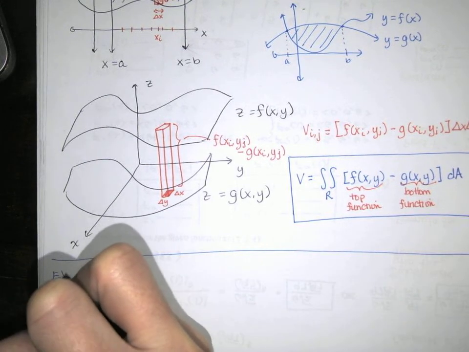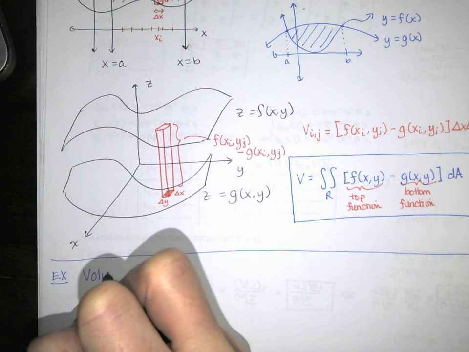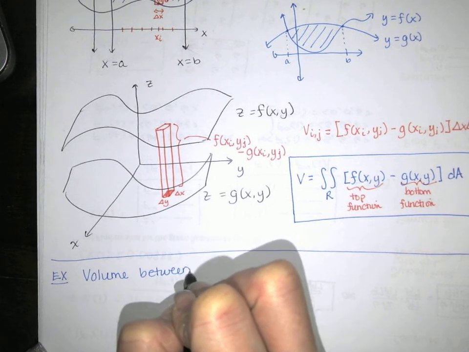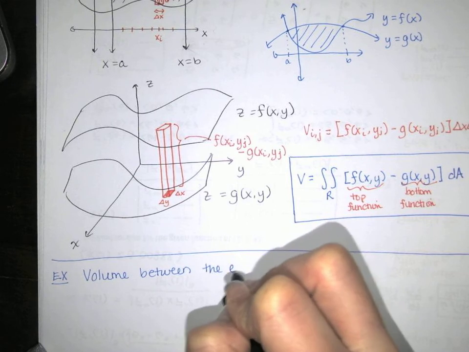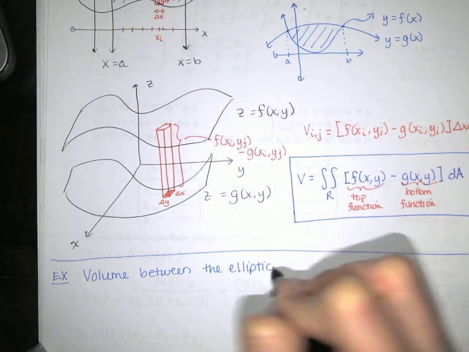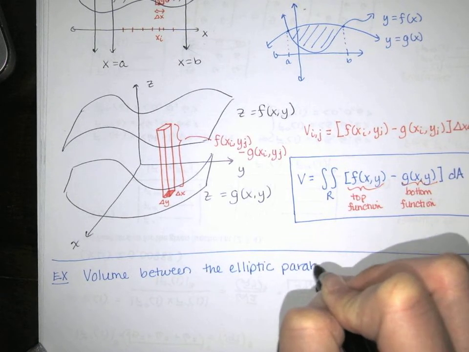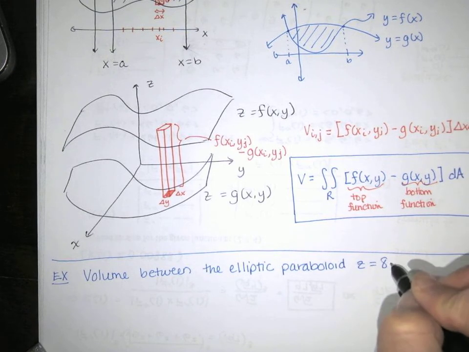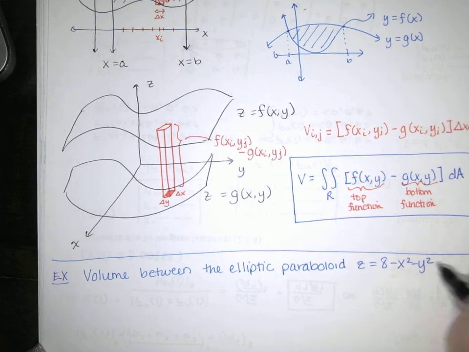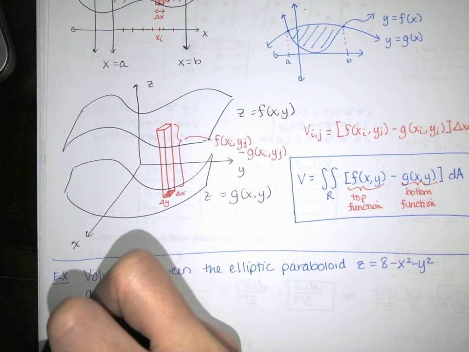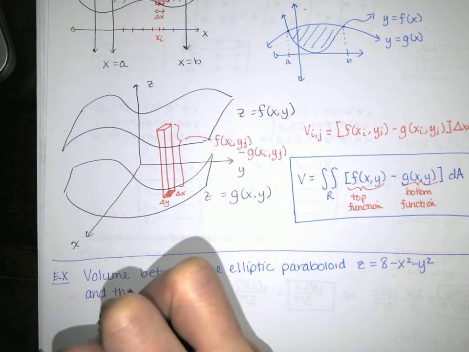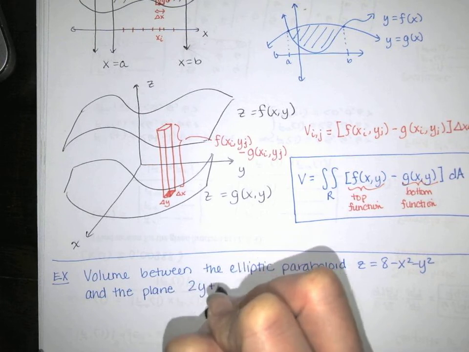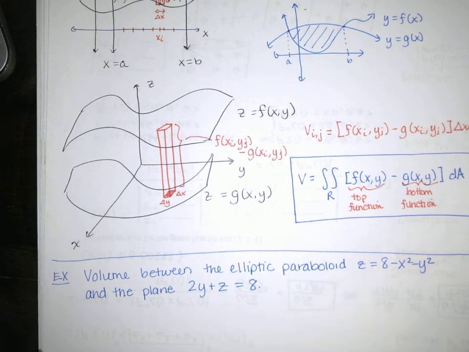So here it is. Let's say someone asks you to find the volume between the elliptic paraboloid z equals 8 minus x squared minus y squared, and the plane given by 2y plus z equals 8.